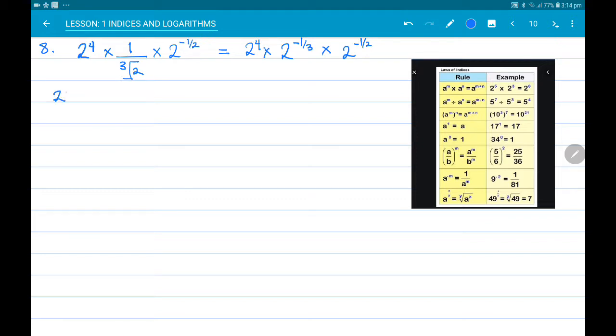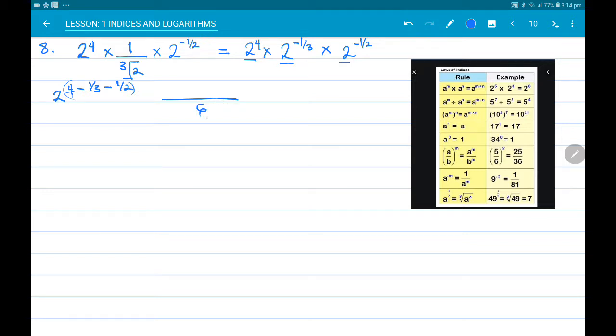Number 8, example number 8. What about in a scenario where you have 2 raised to the power of 4 multiplied by 1 over the cube root of 2 multiplied by 2 raised to the power of minus half?